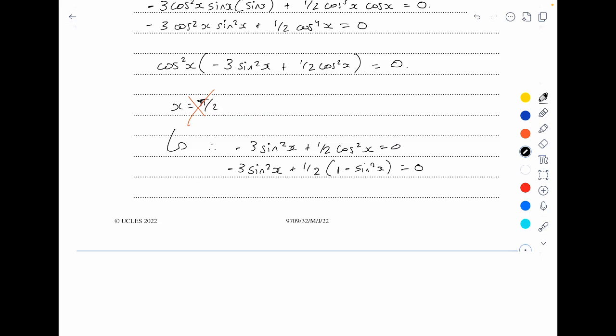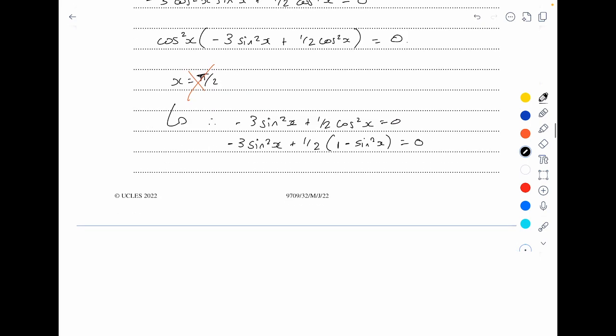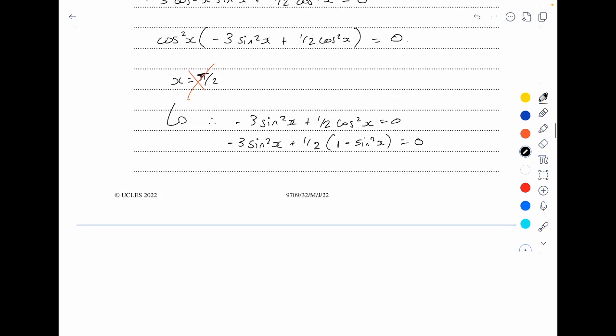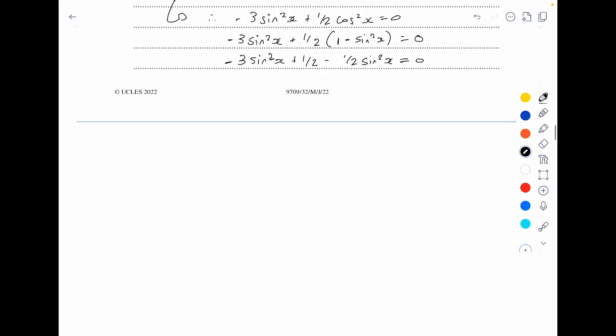So what I get from here is negative 3 sine squared x plus a half minus a half sine squared x is equal to 0.